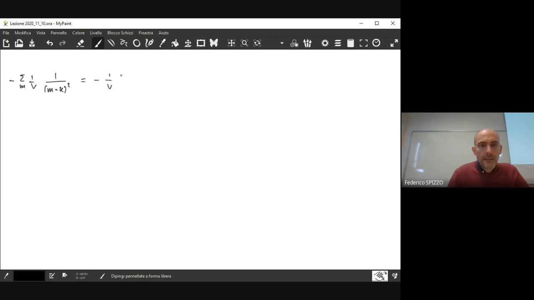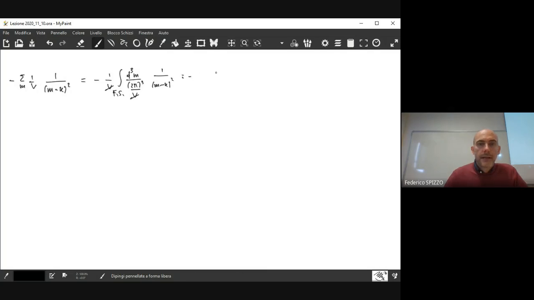So we have 1 divided by V, the volume, then we have the integral over d3m. The volume element is 2 pi to the power of 3 divided by the volume, and then we have m minus k squared. At this point, the volume may be simplified, and the integral is over the Fermi sphere.